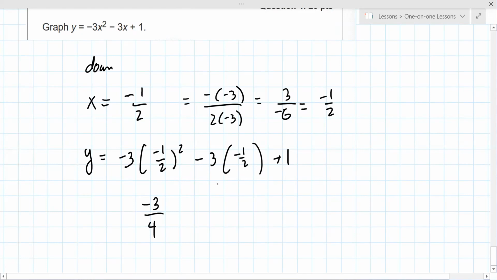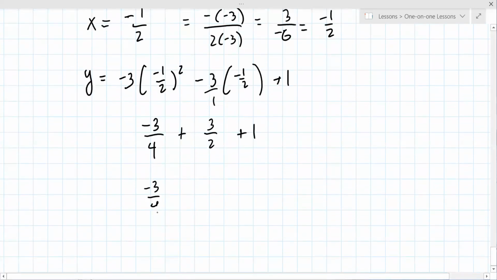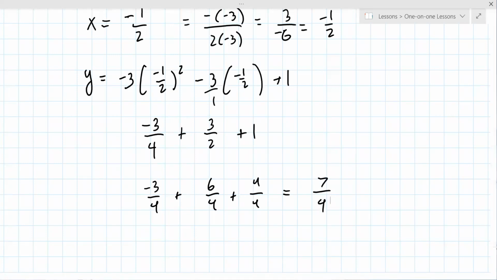This is +3/2. Now we rewrite everything with a common denominator: -3/4 plus 6/4 plus 4/4, and that's 7 over 4. The reason that's important is there's one graph that has the vertex above the x-axis and one below.